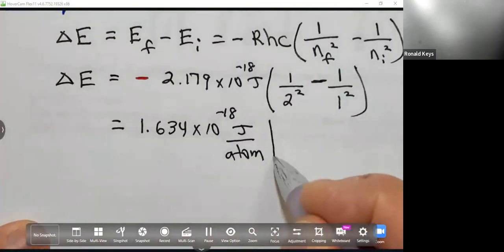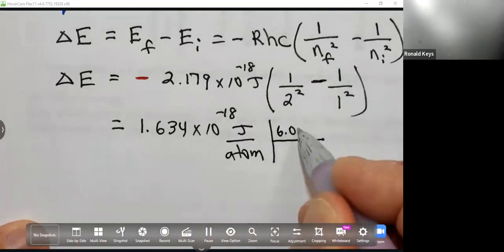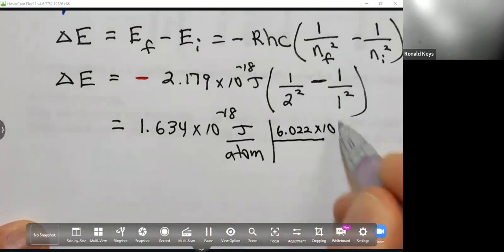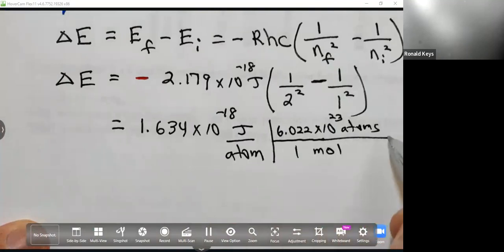And if we converted that, we would go 6.022 times 10 to the 23rd atoms in 1 mole, and then 1,000 joules in 1 kilojoule.